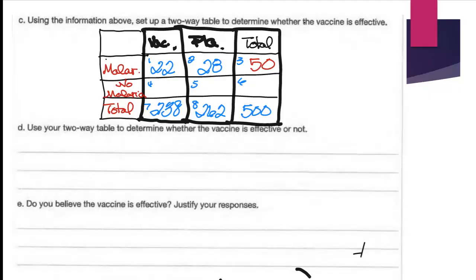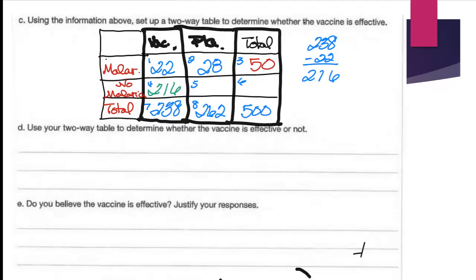Subtract cell 7, which is 238, minus the 22 that we do have from cell 1, and you get 216. Okay, so everybody see how that works? If you're going down the column, you add the first cell in that column to the second to get the total in the third. So you would do the same thing for placebos.